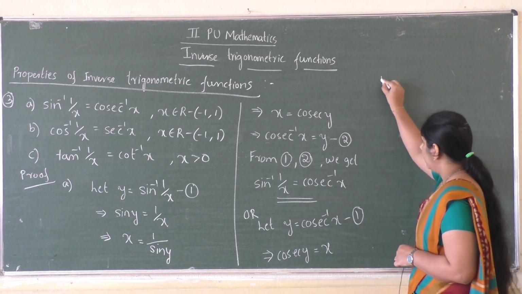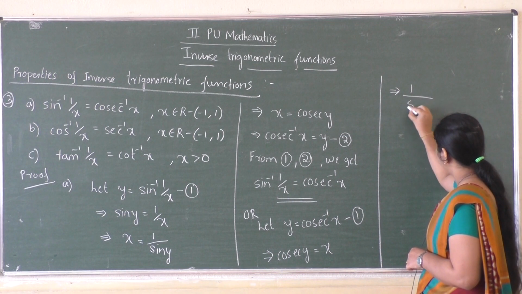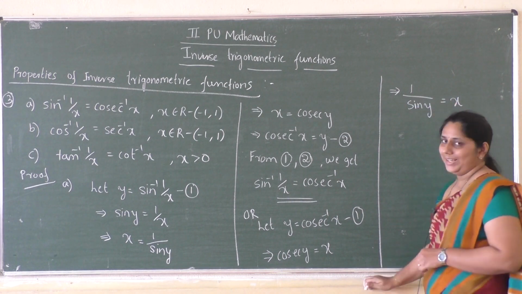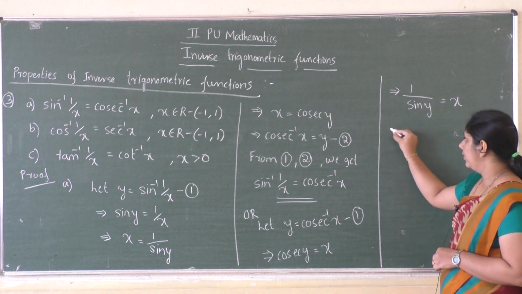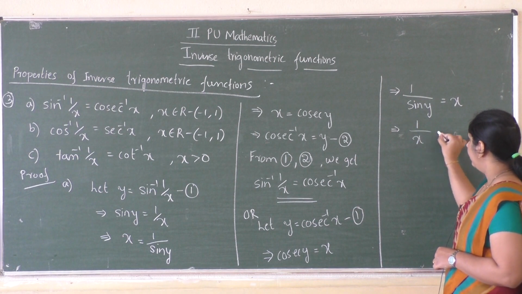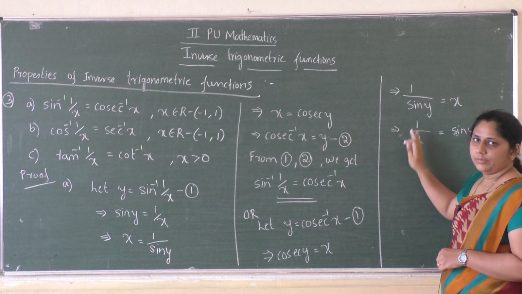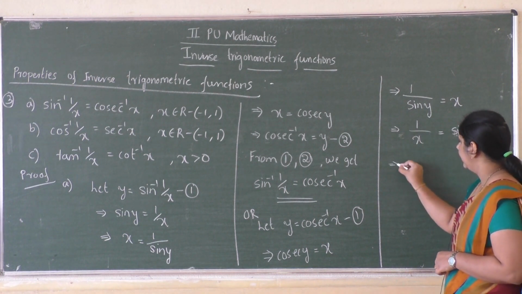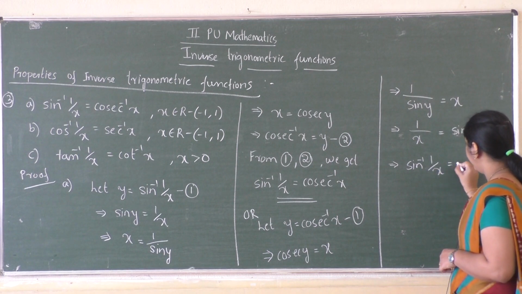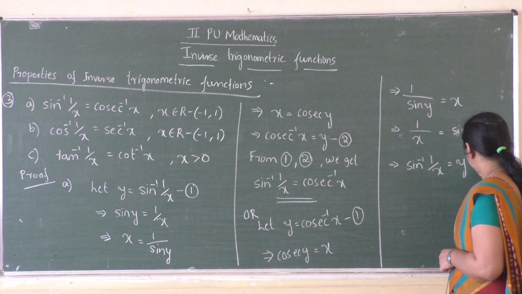Now, what is the value cosec y? Cosec y can be written as 1 by sin y equal to x. Now, just interchange these two terms, that is 1 by x equal to sin y. So, if 1 by x equal to sin y, that implies sin inverse of 1 by x equal to y. Now, take this as equation 2.